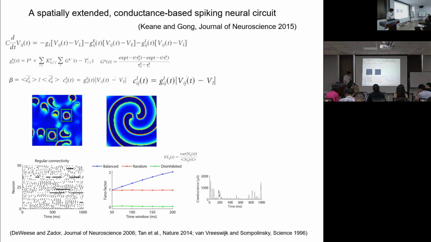And there are two competing ideas. One was proposed by Sompolinsky and his collaborator, which is this balanced neural network, but their balanced neural network is for randomly coupled neural networks. Another idea was found by Zander and his group, and also another group.